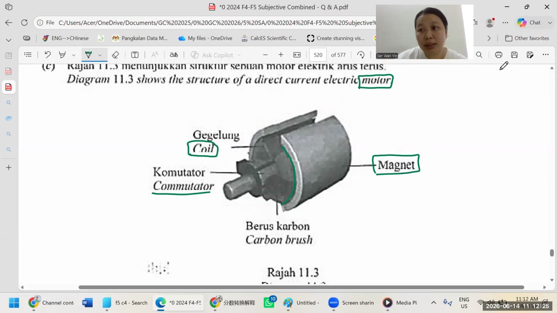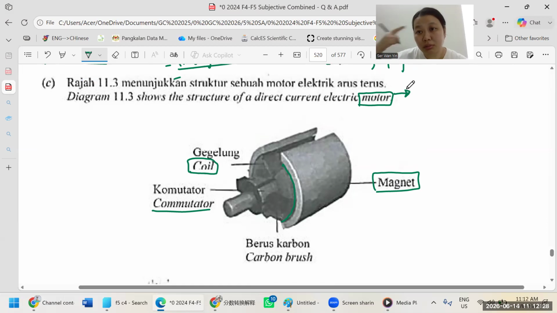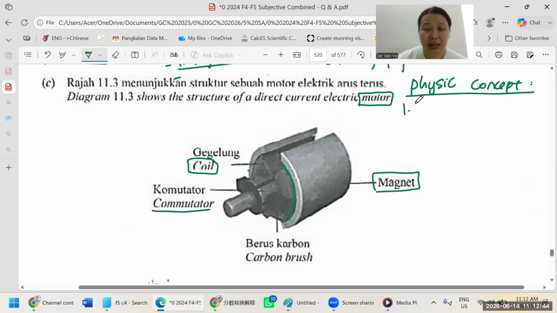Tell me what concept you need to recall now. When you see a motor rotate, what physics concept is it? Simply give me a few words.